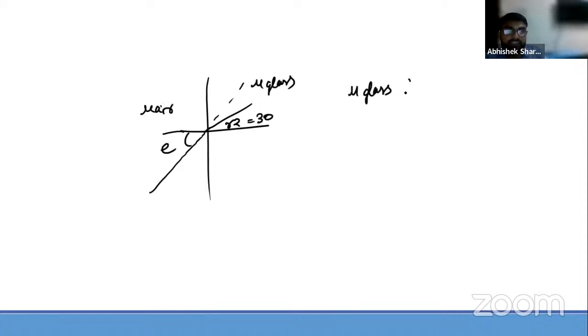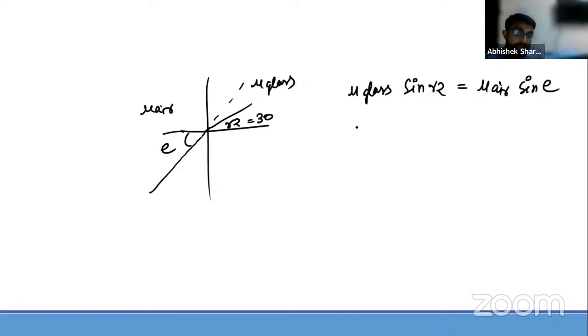So on this perpendicular surface, we have the R2 value, which is 30 degrees. We don't have the angle of emergence value, so we'll use Snell's law. It says mu of glass sine R2 equals mu of air sine E.